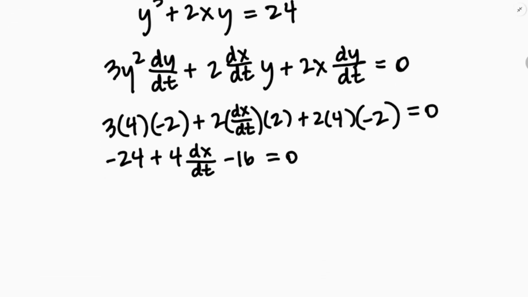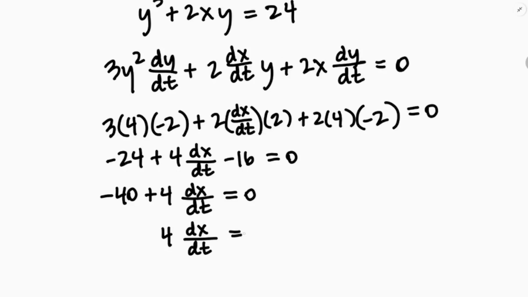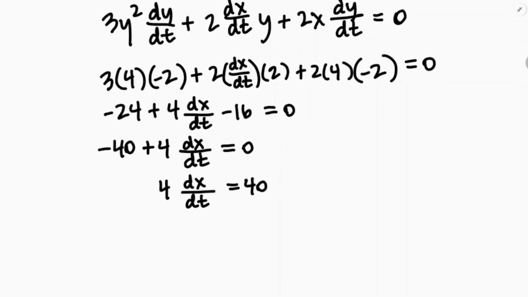Okay, so 24 and 16 is going to be 40. I'm going to solve for dx/dt by adding 40 to both sides, and then dividing by 4.